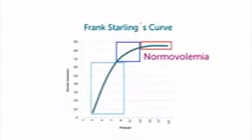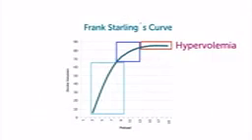In the second part of the curve, in the normovolemic situation, we could give some fluids, but take care not to give too much, because it's very easy to go into the hypervolemic situation, and here it would be very bad when you give some fluids. The cardiac output will not increase, probably will decrease.